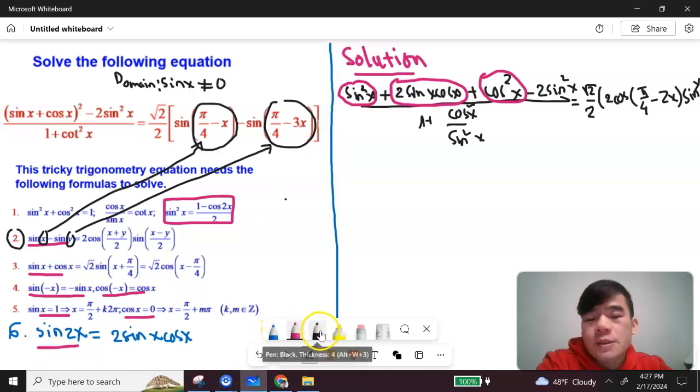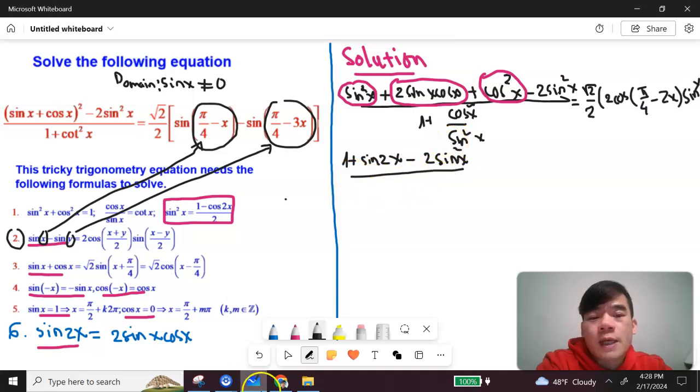So basically we have 1 plus sine 2s minus 2 sine square s over. Now this one we need to multiply: 1 times sine square, it can be sine square plus cosine square, which equals 1.